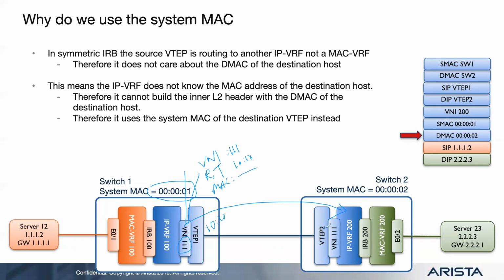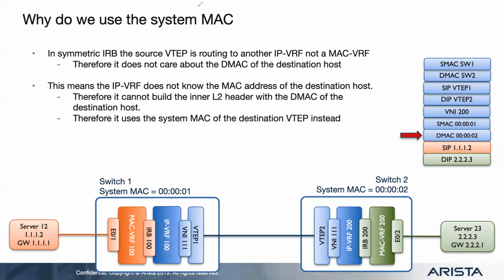So when VTEP 2 receives the route, based on all this information it will populate the routing table, where it knows the destination MAC, because we are now sending it in the type 2 update. So VTEP 2 knows the destination MAC for VTEP 1, and it will put that destination MAC.